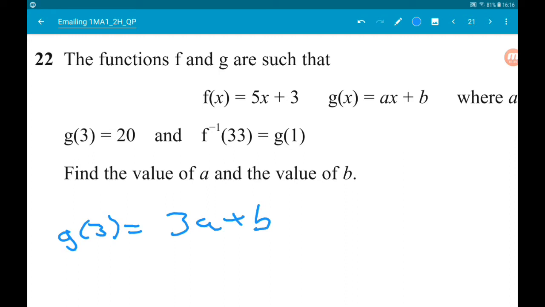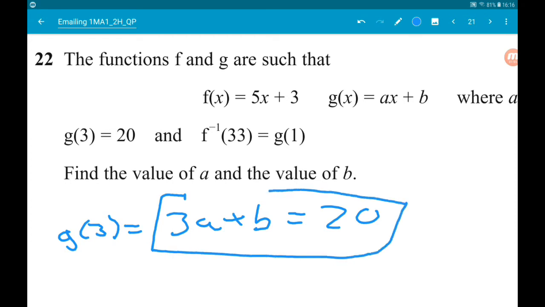Now we're also told g of 3 is 20, so that means 3a add b is 20. So that is all we can do there at the moment. But what that's got us is an equation in terms of a and b. So let's now see what we can do with the other stuff. So we are told f inverse of 33 is equal to g of 1.